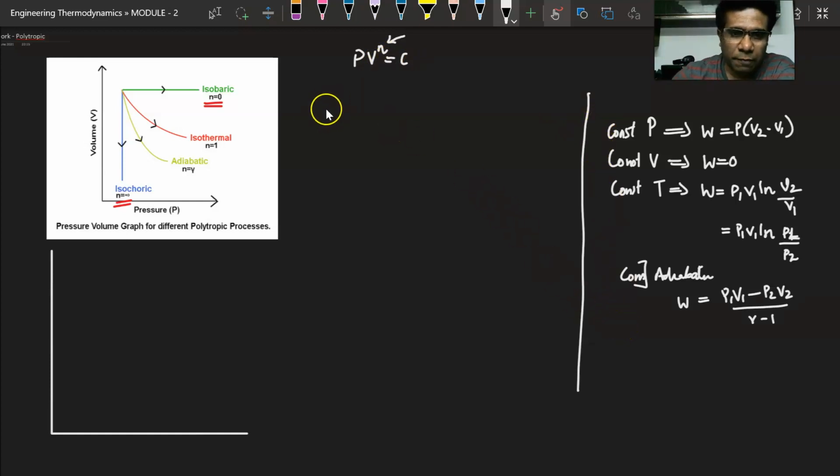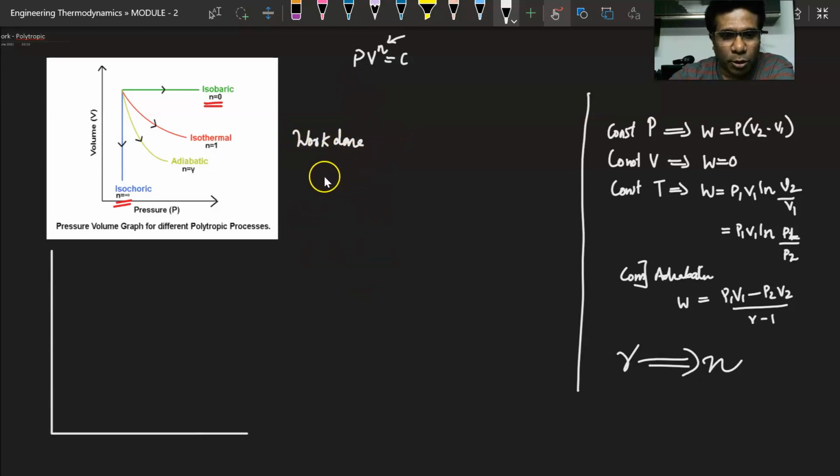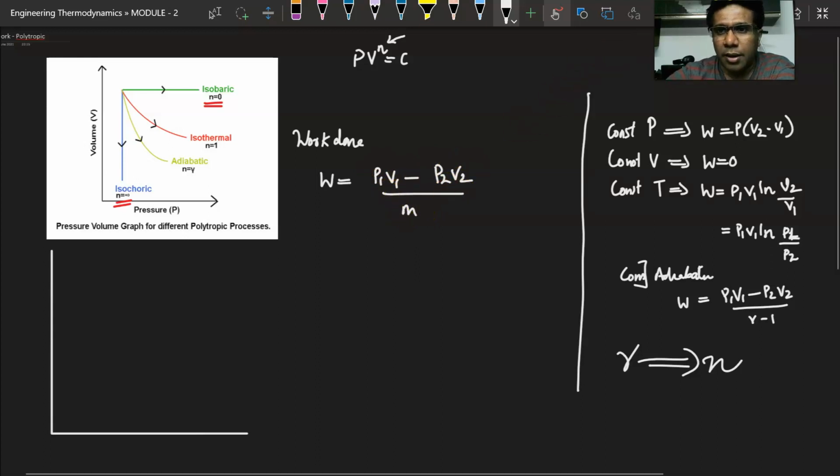So whatever we have derived during the adiabatic process, there instead of gamma you put the value n, then it becomes a polytropic process, and therefore the work done during a polytropic process, W is equal to (P1 V1 minus P2 V2) by (n minus 1).